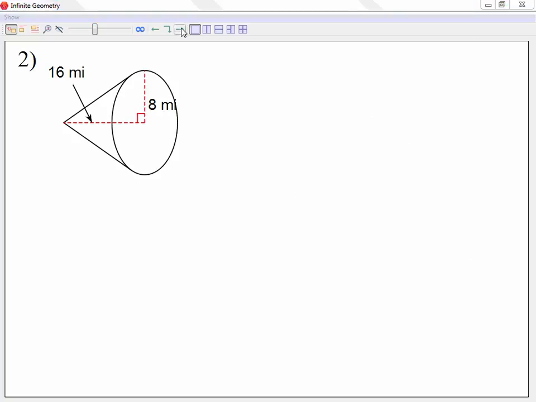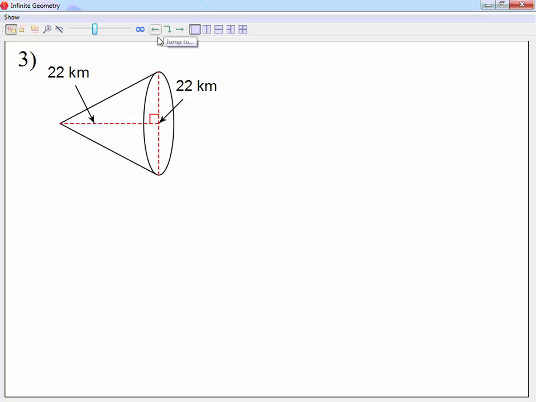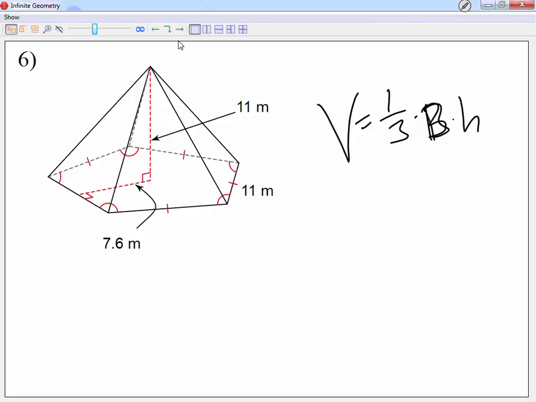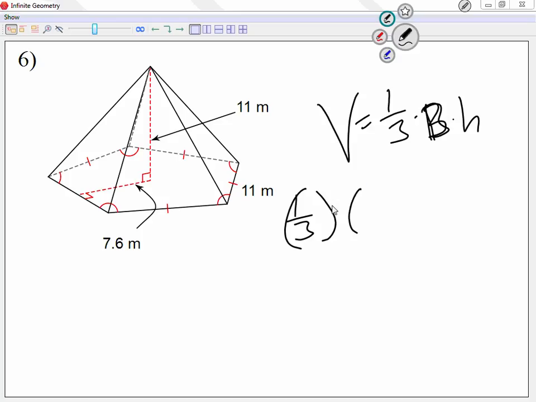Alright. Let's take a look at the next question. Remember, volume is 1/3 times the area of the base times the height. Alright. Looking at number 6. 1/3 is just 1/3. 1 divided by 3 if you're using your calculator. The base is a pentagon. And I know the area of the base is 1/2 times apothem times perimeter. So 1/2.